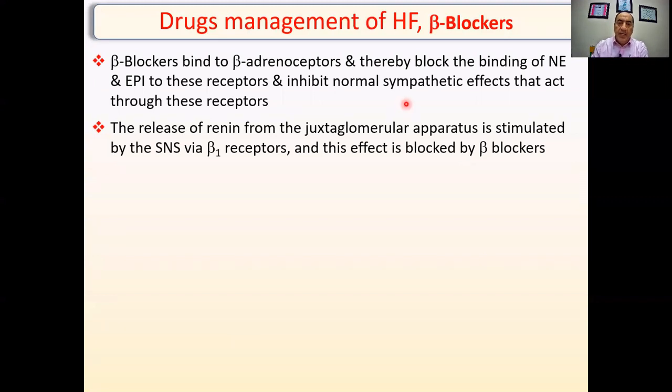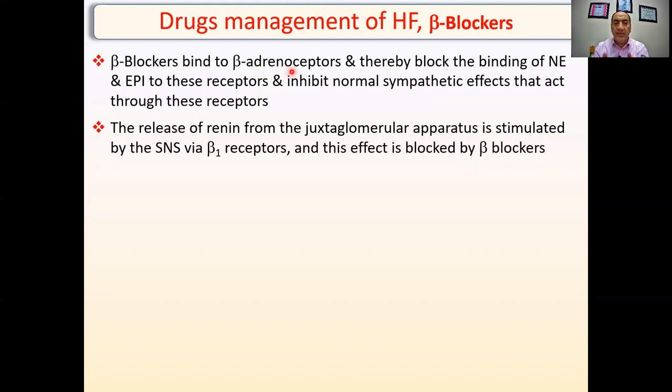Okay, now the last class of the drugs that are used for heart failure, other than the inotropic drugs. So these include the beta blockers. Okay, so beta blockers bind to beta adrenergic receptors.